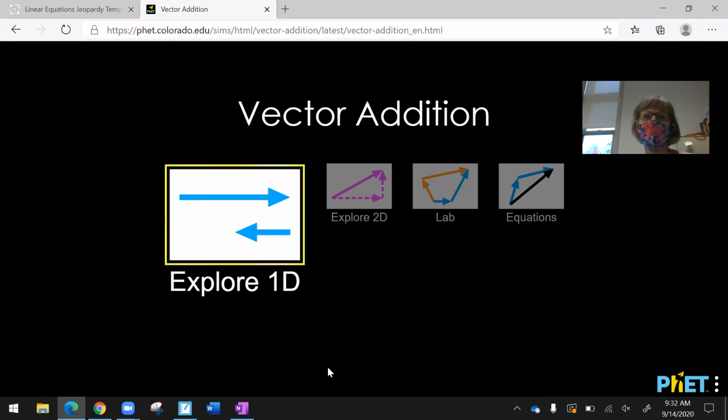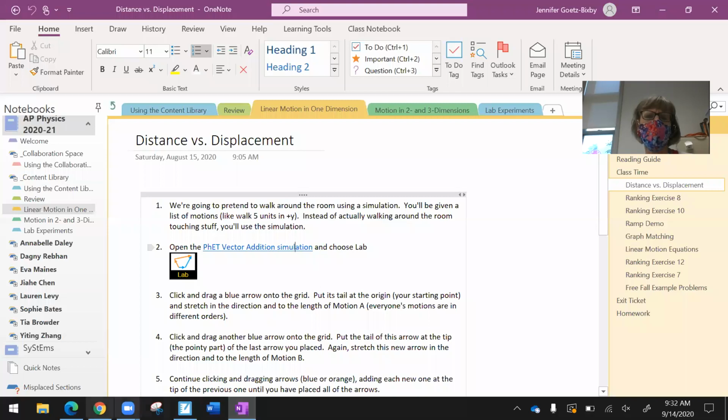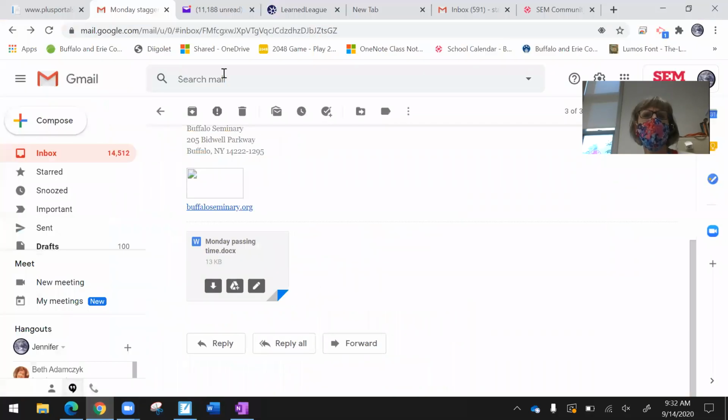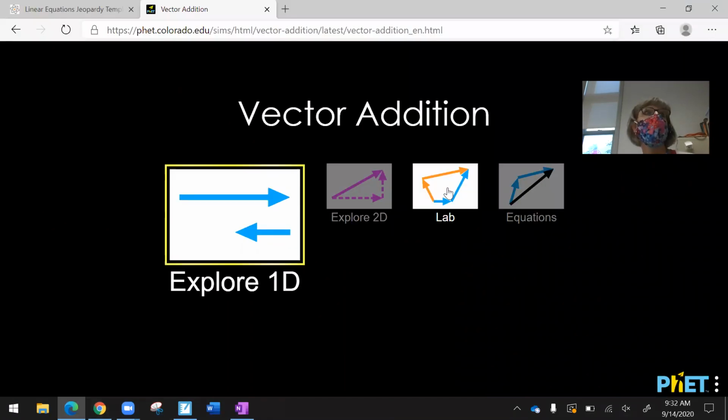And I don't know how I told you to do it. Lab, I guess. Oops, wait, it went to my edge. So you want to press this one here, okay, for lab, and go from there.